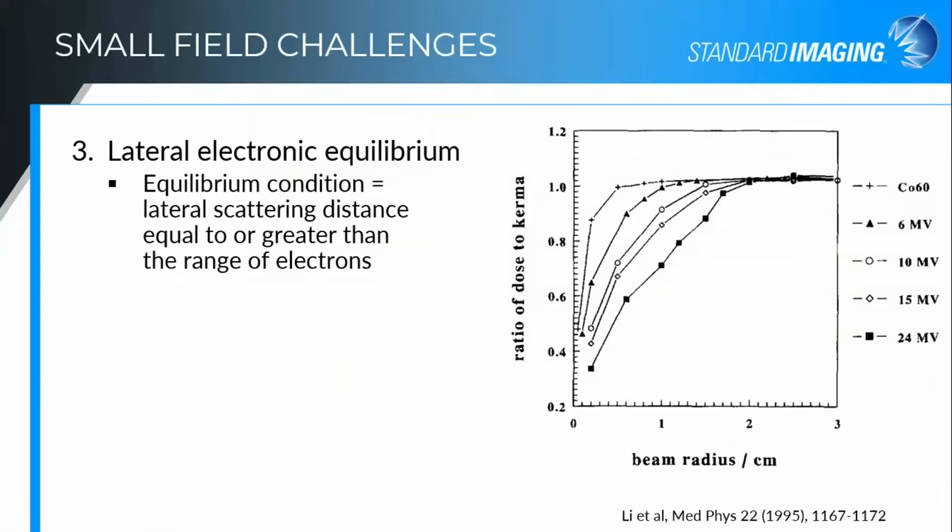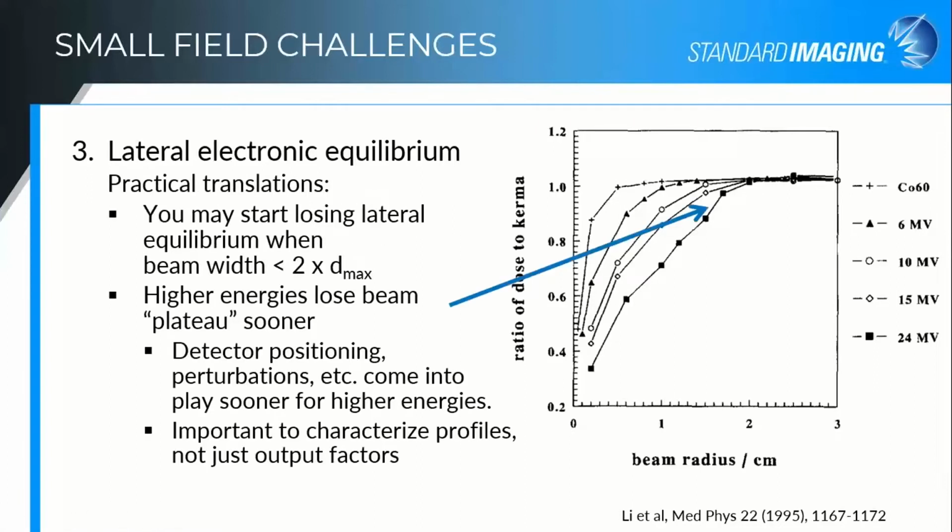Lateral charged particle equilibrium was the third thing on that list. The equilibrium condition is that the lateral scattering distance has to be equal to or greater than the range of the electrons in your beam. The practical translation is that you'll likely start losing lateral CPE when the beam width goes down to less than 2 times your Dmax distance.